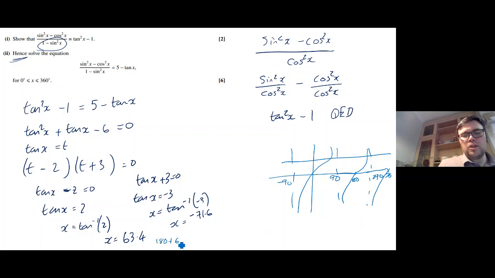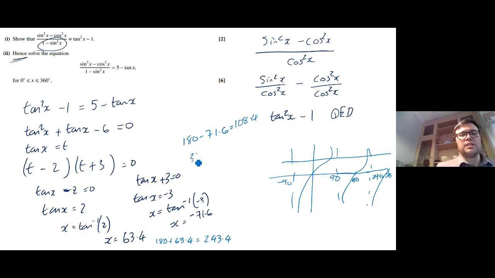So this one is going to be 180 plus 63.4, which gives me 243.4. And then for the other ones, it is going to be 180 minus 71.6, which is 108.4.